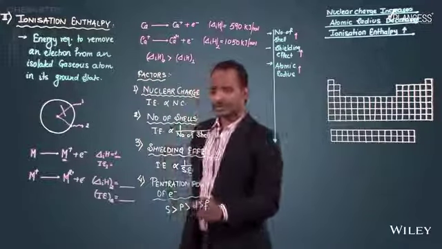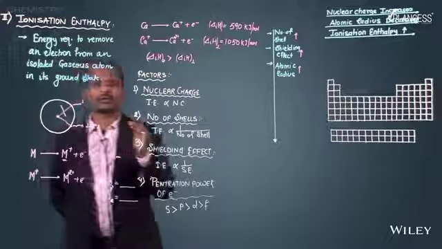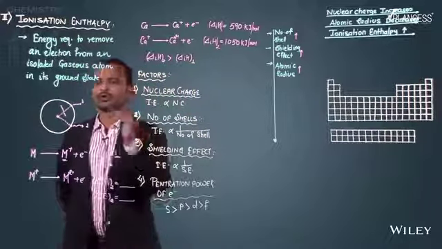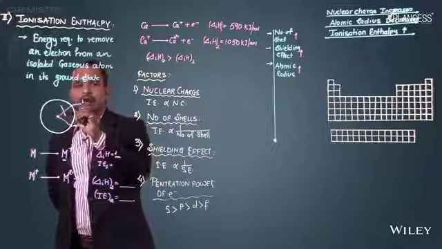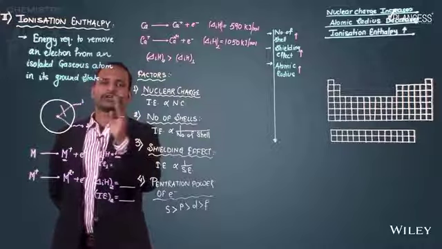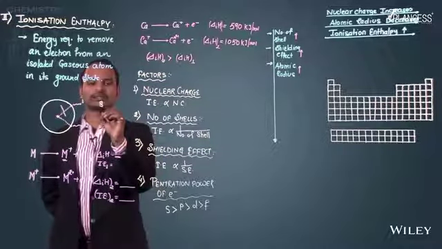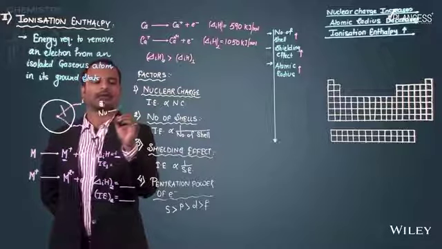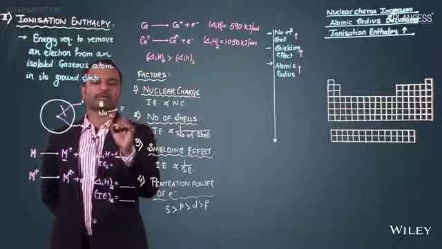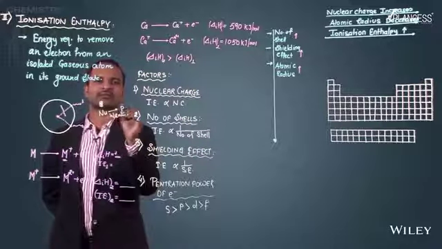But for an electron present in a p orbital, compared to the s orbital, the p orbital has lower penetration power. Lower penetration power means it will be away from the nucleus compared to the s orbital, and hence the attraction between the nucleus and the p orbital will be weak. And if the attraction is weak, then less energy will be required to remove the electron.